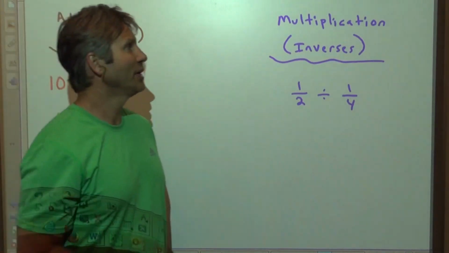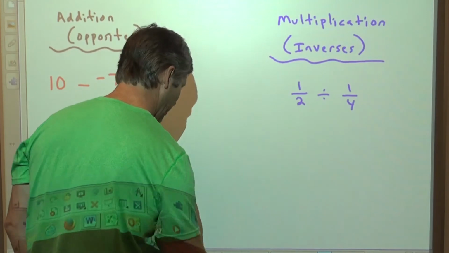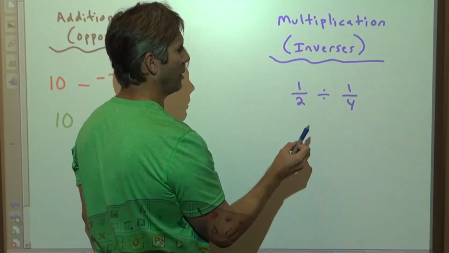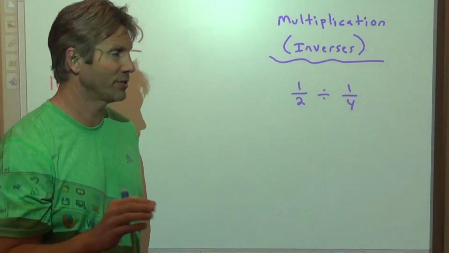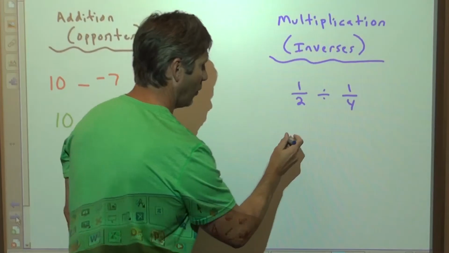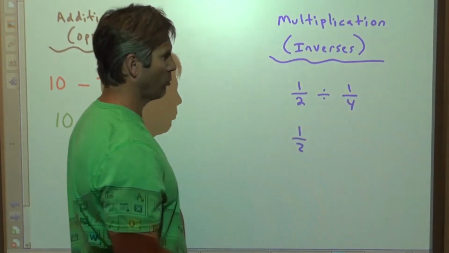Okay, now remember, in multiplication, the opposites are called inverses. So here's what we're going to be in the habit of doing. A lot of times in working with fractions, we don't want to do division. We'd rather change it to multiplication. So we do a similar thing to what we did over here. The first number stays as 1/2.